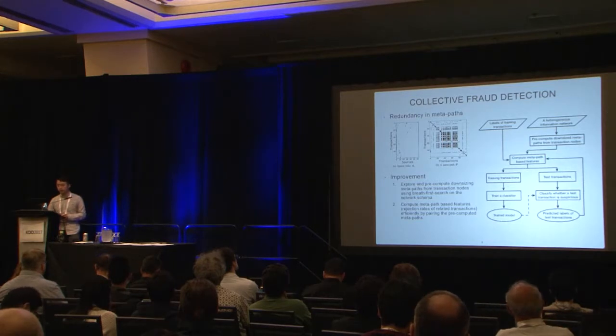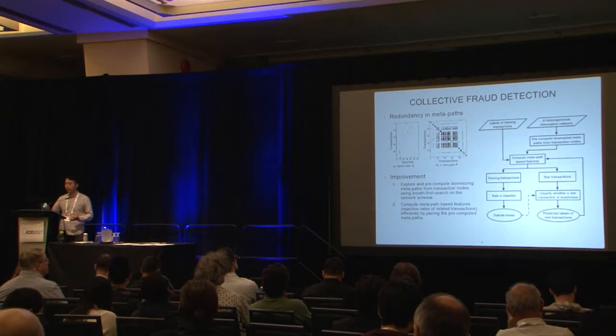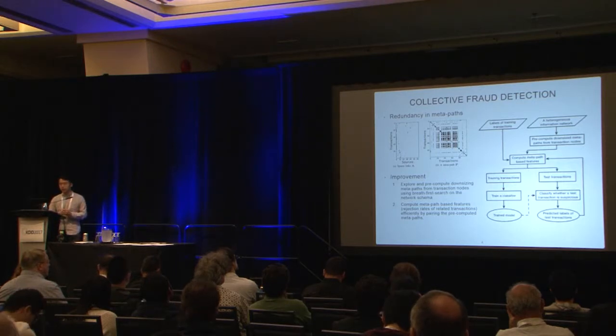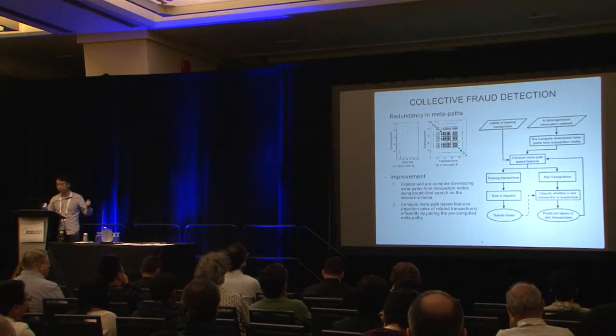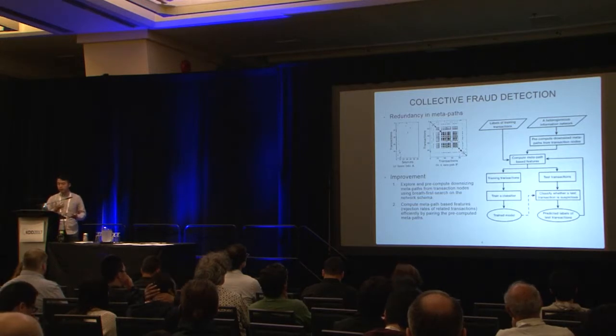In this case, we can avoid directly computing the metapath itself. We can first aggregate this label information in a pre-computed downsized metapath, and then pairwise combine these downsized metapaths in the training and test process. As shown in the right figure, the algorithm we propose in this work is essentially an iterative classification.